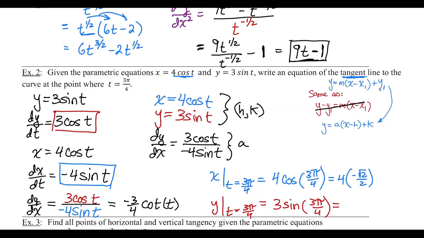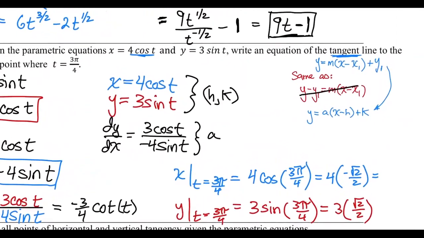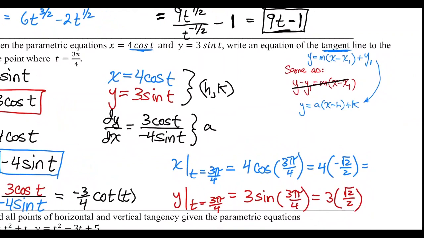And sine of 3π/4 is positive radical 2 over 2. So we have our x and y values of negative 2 radical 2 and 3 halves radical 2, or 3 radical 2 over 2.